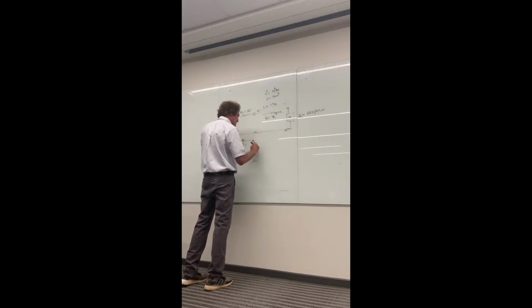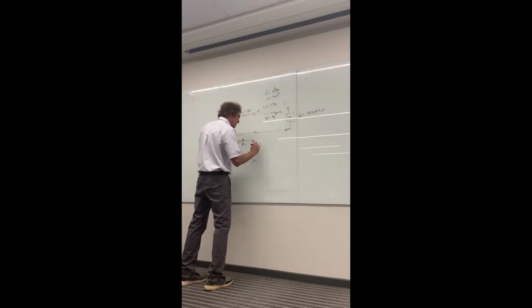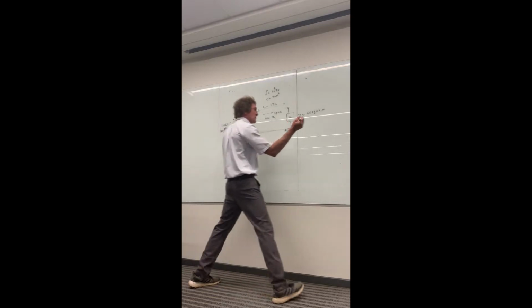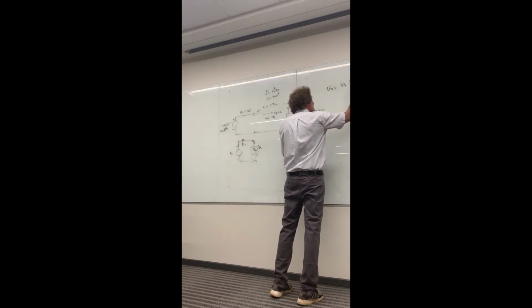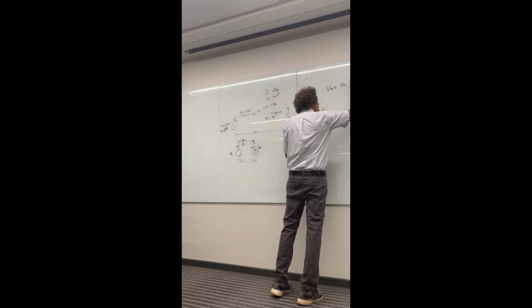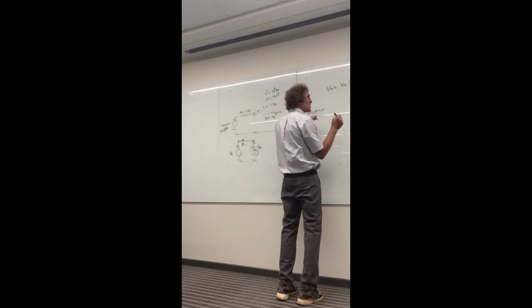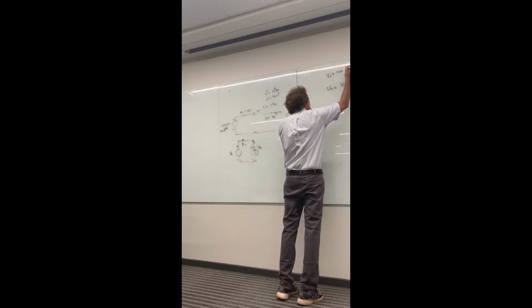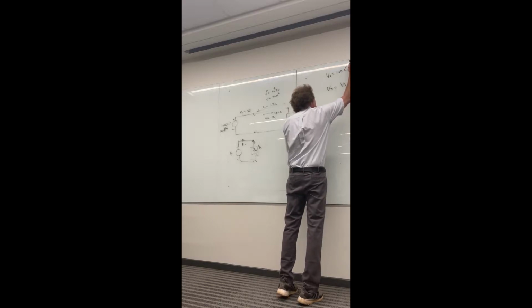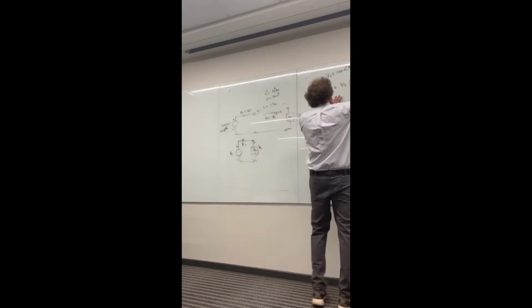I need this voltage, which I'm going to call V prime, or Vin. So Vin is equal to VS times Zin over Zin plus RS. Before I put the numbers in, I have VS equals 100 at an angle of 45 degrees, or e to the j pi over 4.